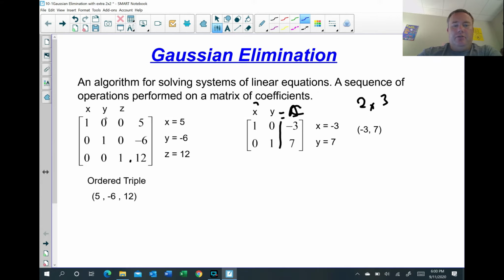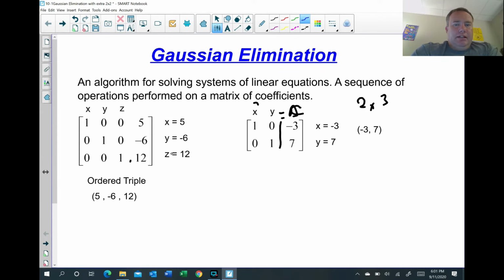Anytime there's a 0, that means the variable is not in that equation. So that is why when you look at this, you have a 1, a 0, and a 0. That means there's no y, no z, just 1x, so we get x equal to 5. And the second one, y equals -6, and then the third one, z, is equal to 12. I'll talk about how these are written in a moment. We did that a little bit yesterday.